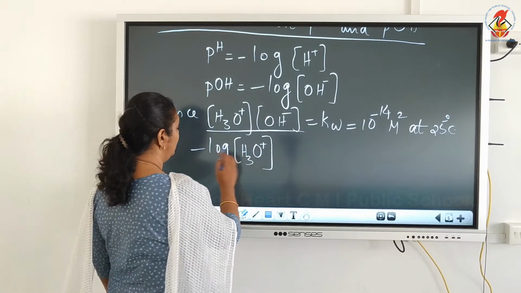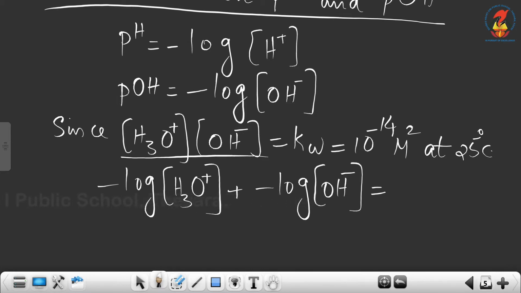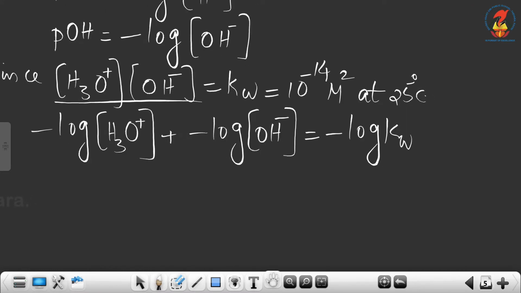So we will write minus log concentration of H3O plus minus log concentration of OH minus is equal to minus log Kw, which is equal to minus log 10 raised to minus 14.